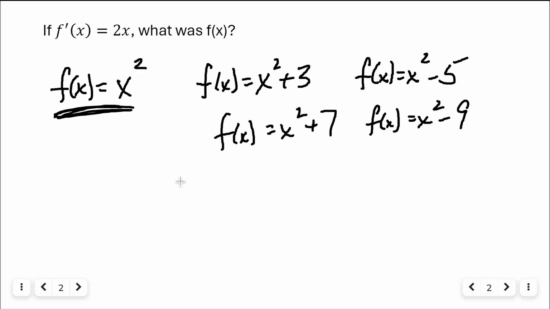All right, so first things first. Let's talk a little bit about notation. Let's say I wanted to write: if f prime was equal to 2x, then f of x is equal to x squared. Here's what I would write. I would write the following, and we're going to define all these terms in just a second.